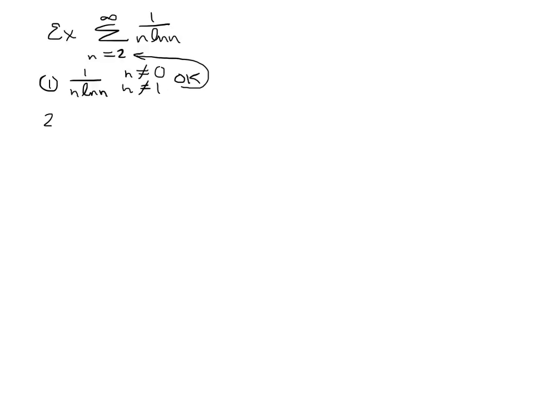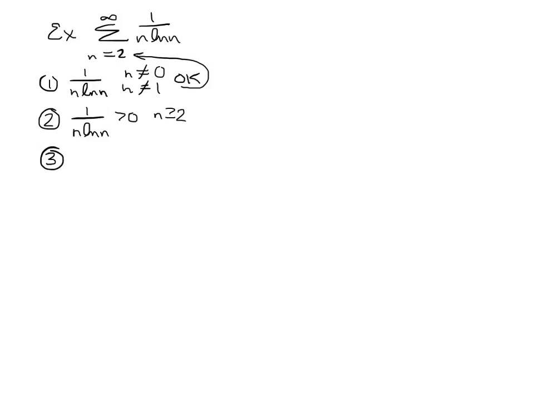All right, the second thing. So this is showing that it's continuous over the interval of the series. Positive: 1 over n natural log of n is going to be positive as long as n is greater than or equal to 2. That's all that really matters, whatever those bounds of the sum are.